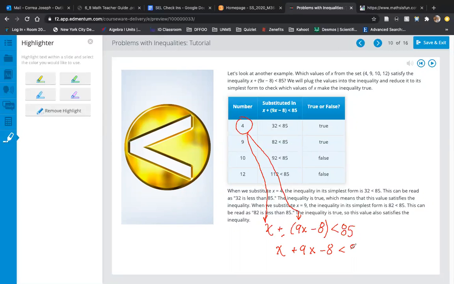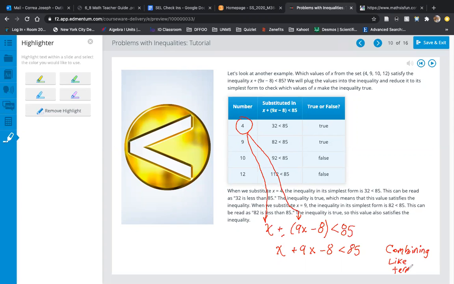is less than 85. And then you use that technique that we talked about a couple of weeks ago called combining like terms. Right?